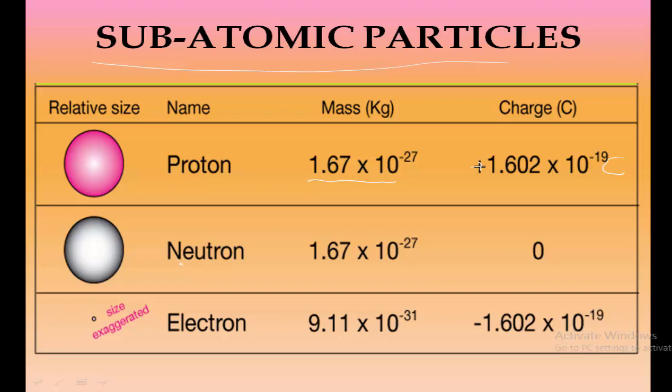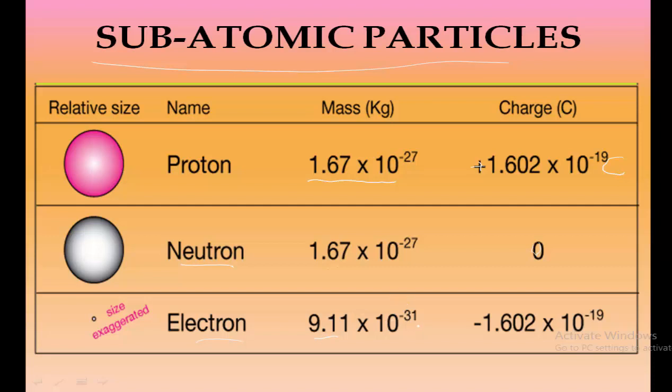And the neutron, its mass is 1.67 × 10^-27 kg, and the charge on the neutron is 0, which means it is neutral, it does not have any charge. Then the third particle, the electron: its size is too small and its mass is considered to be 9.11 × 10^-31 kg.